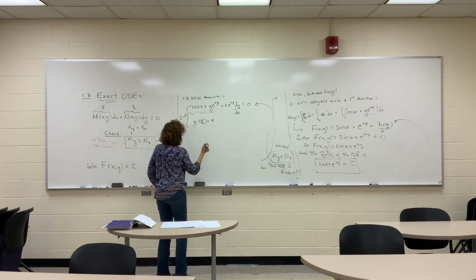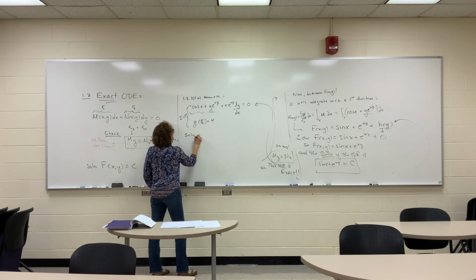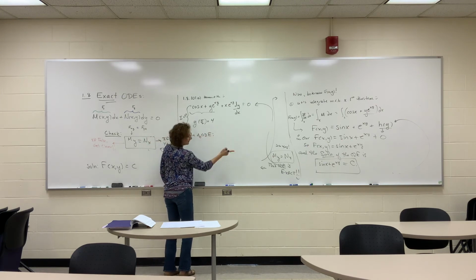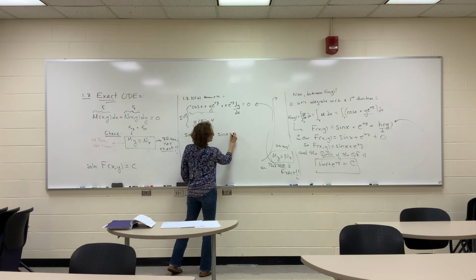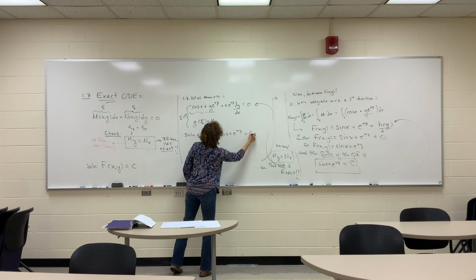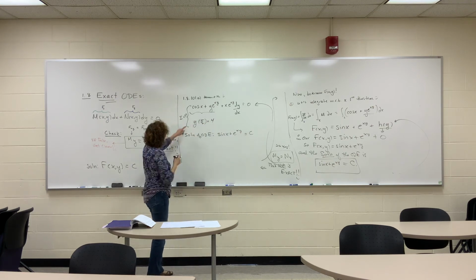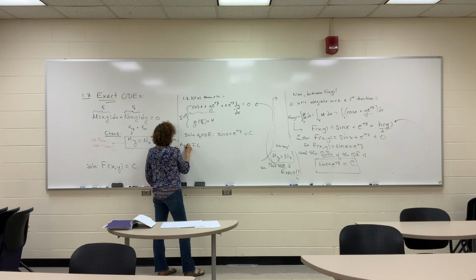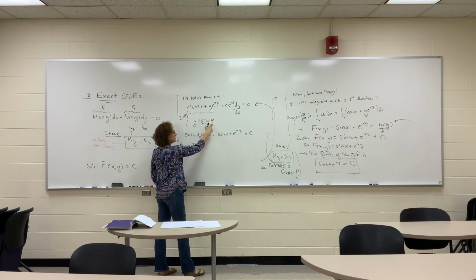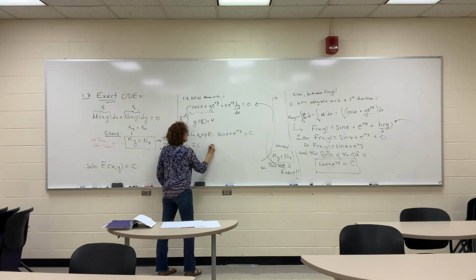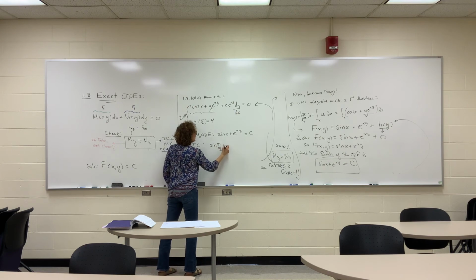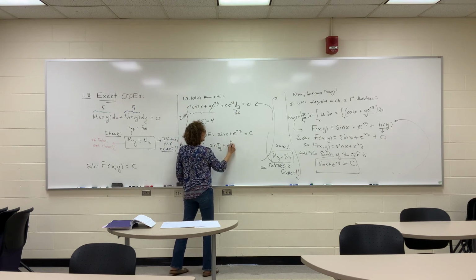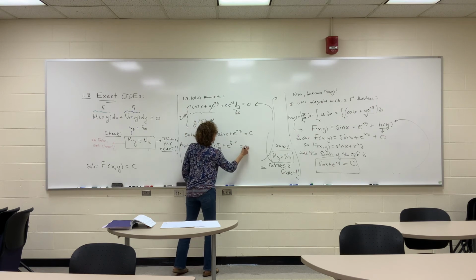Well then, the solution of the ODE is sine x plus e to the xy equals c, right? The initial condition would allow us to determine c. So let's apply the initial condition. Well, x is pi over 2 and y is 4, right? So sine of pi over 2 plus e to the pi over 2 times 4 is c.